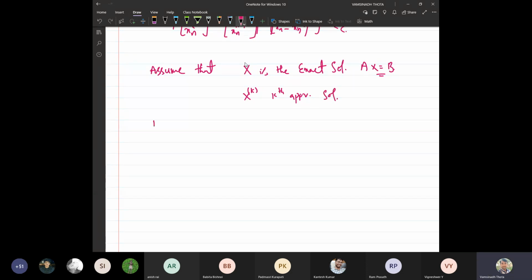We say that the iterative method converges if, as a limiting process, you do the iterations infinitely many times and as k tends to infinity the approximate solutions converge to the exact solution. If it is not happening, we say that the iterative method diverges.